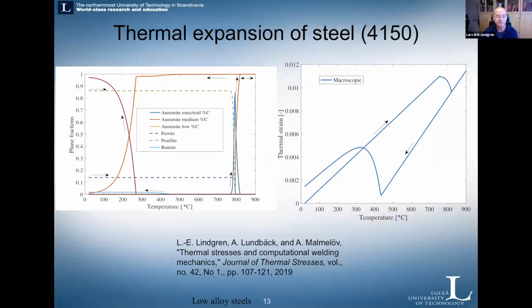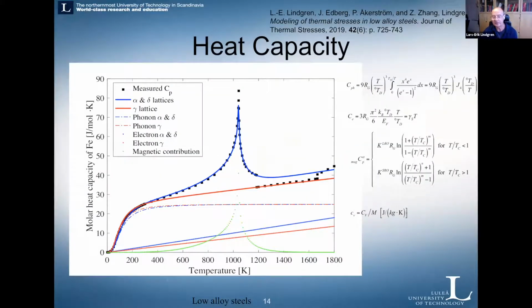One example. This is an example of heat capacity. The Debye model, where you have the phonon contribution, electron contribution, and the magnetic contribution. In fact, this one has no calibration parameter. This one has a theoretical value, but it's a little bit calibrated. This has some calibration parameter.